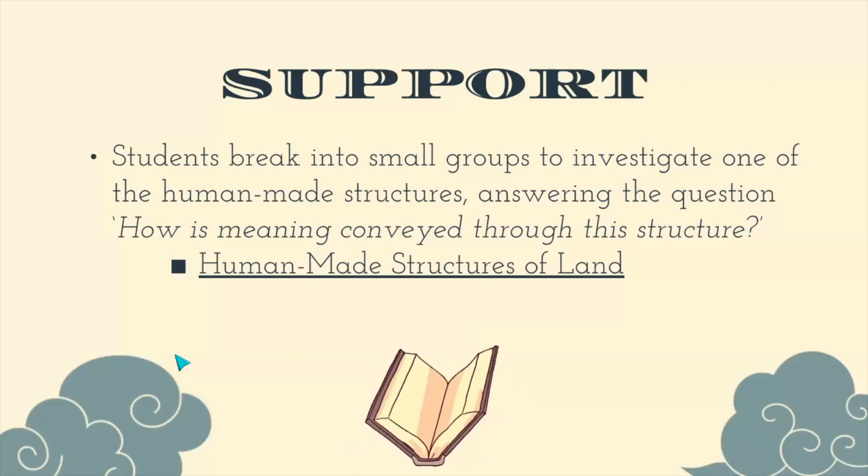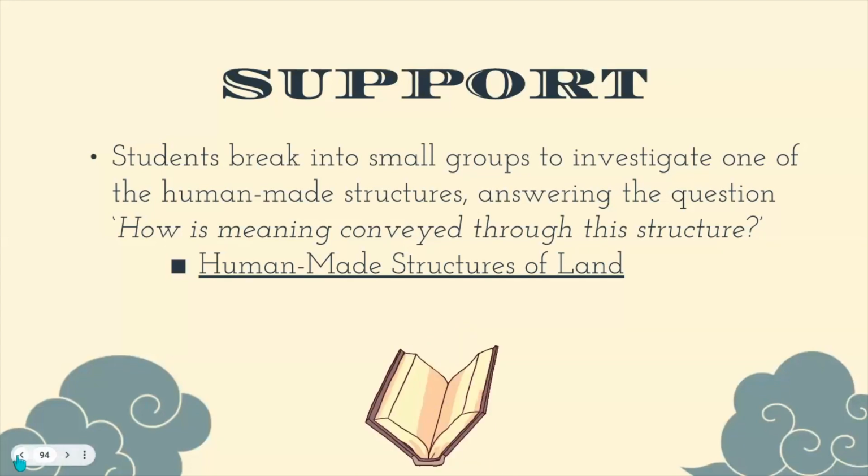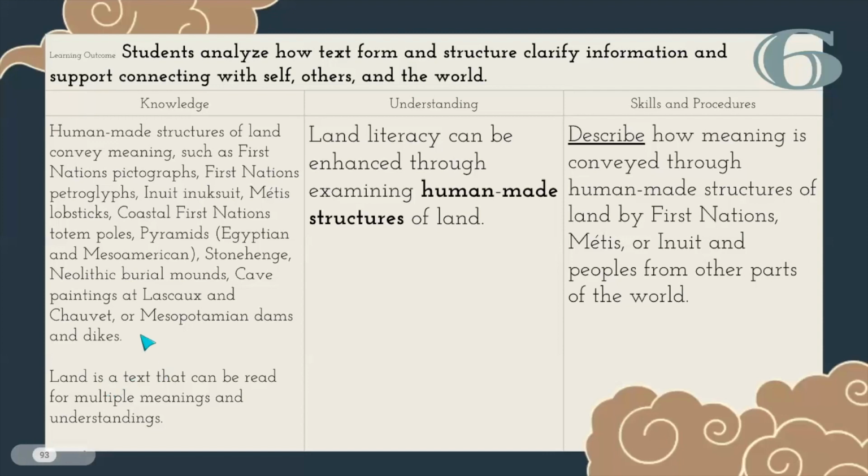It's really quite broad. And I didn't include all of the items in the development of the resource because it says "such as." So we are not required to look at every single one of these human-made structures of land. These are just suggestions. We do, however, need to look at how meaning is conveyed through the structures.